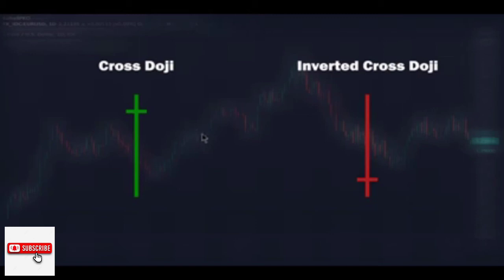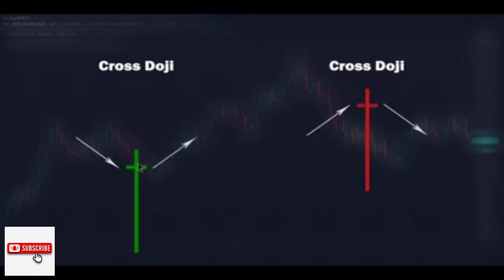So cross doji and inverted cross doji are more significant in giving any possibilities for changing in the direction of the price, and they can be considered the ideal version of those candles. The interpretation of cross doji and inverted cross doji are exactly similar to hammer and shooting star, so here I don't repeat again the interpretation and how the buyers and sellers battled behind the scene.